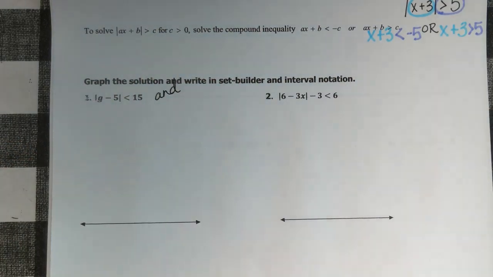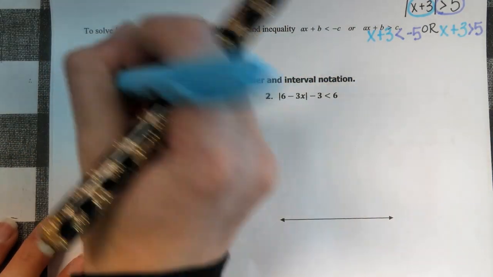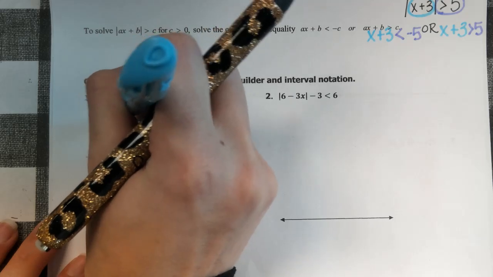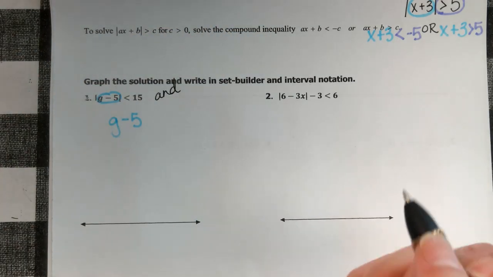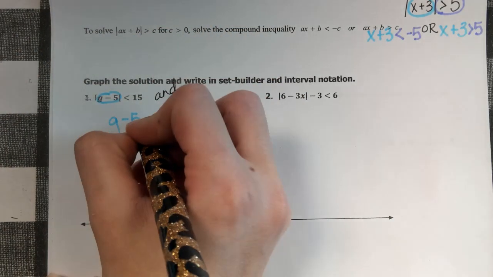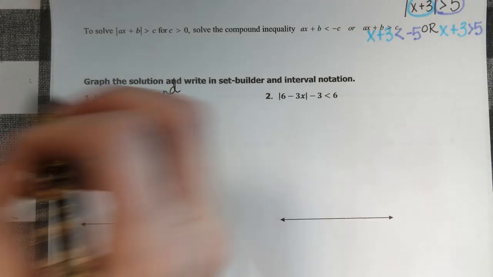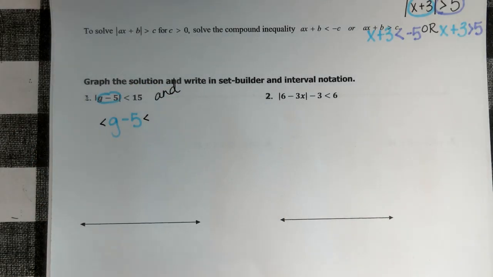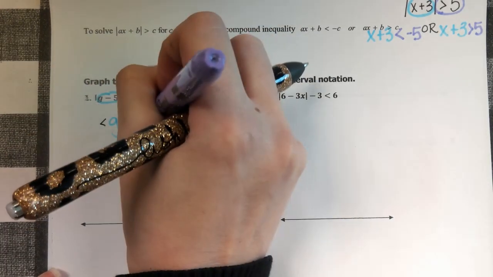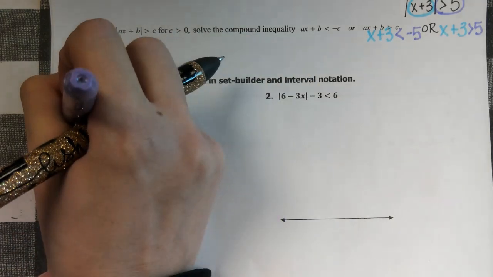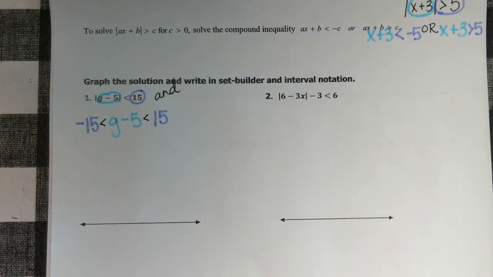So that means I'm going to take this g minus 5 and put it in the middle, and I put my less than on both sides. And I take this 15, it's positive on the right, negative on the left. From there, I just solve.